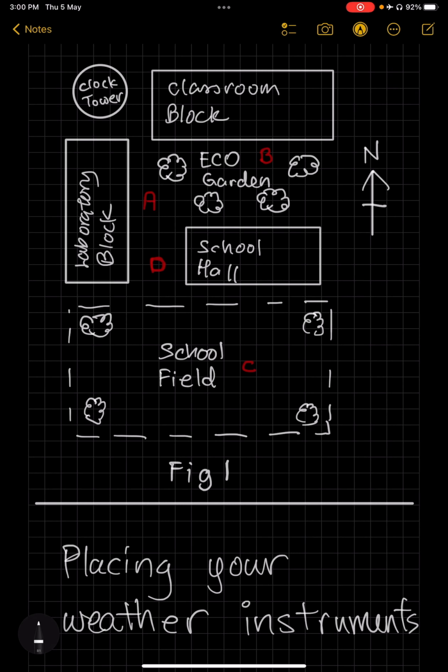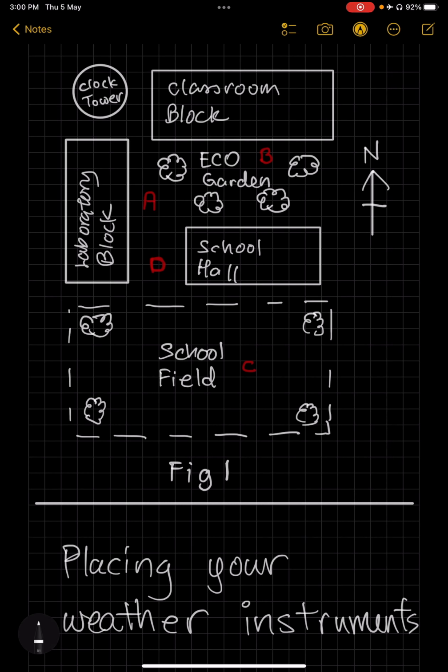Why? Because although it does have the school hall building towards its north, there is some distance away from it. And even if you compare it to B, A, and D, B, A, and D are blocked by multiple items on multiple directions, whereas for C, you're only partially blocked in the north by the school hall, and also maybe if you look further out, your laboratory block may be blocking the wind or a certain amount of rain from the northwest direction.